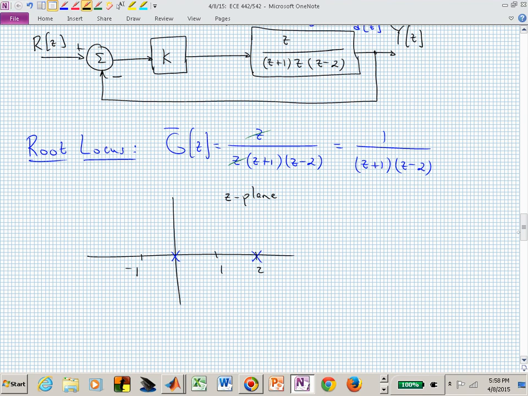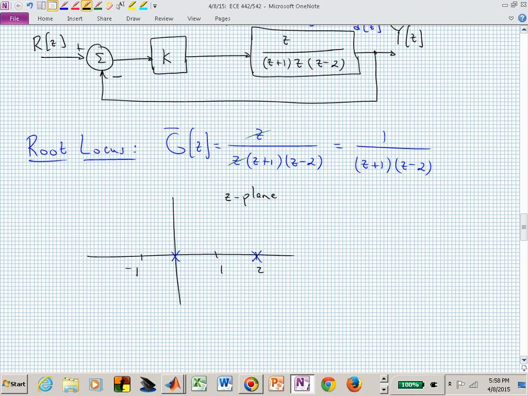Here is now where I need your help. Here's the z-plane, and I want to sketch the root locus. I've indicated right now the poles of my original plant, the one at the origin and the one at 2. Now, do you remember what my controller was?